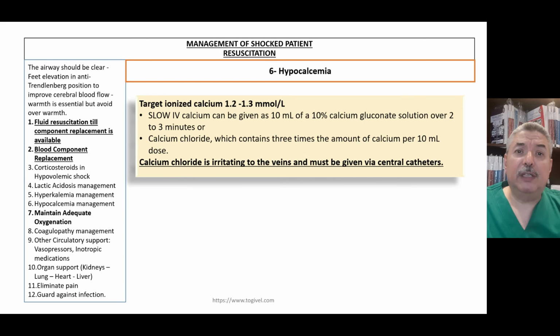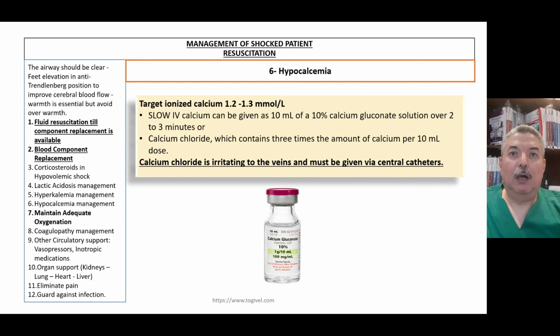I have to target ionized calcium level 1.2 to 1.3 millimoles per liter. If I need to give calcium, I usually give calcium gluconate by very slow intravenous injection. Each vial of calcium gluconate 10% has 10 milliliters. This means that it has 100 milligrams per milliliter, and this means that this vial, which will be given IV very slowly, contains 1 gram of calcium.